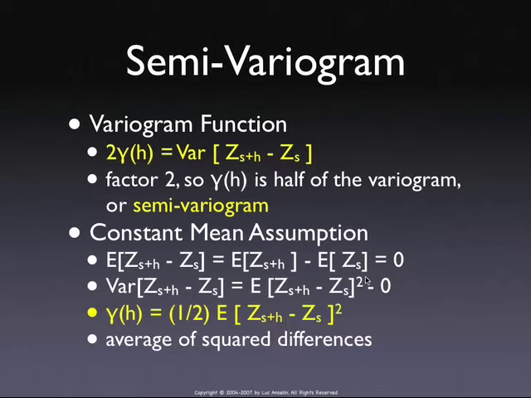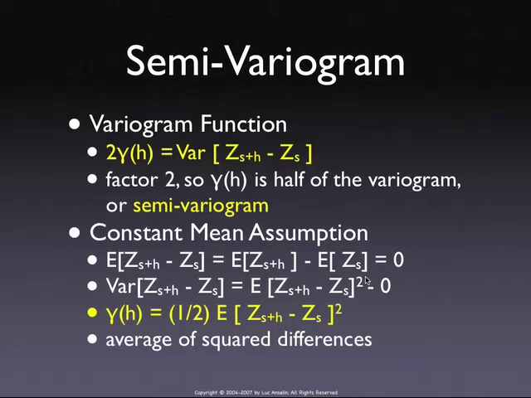Because the mean is 0, all we have to worry about is the square of the original random variable, which in this case is the difference between these two. So with the constant mean assumption, this variance of the differences is the same as the average squared difference, average in the sense of expected value of the squared difference.